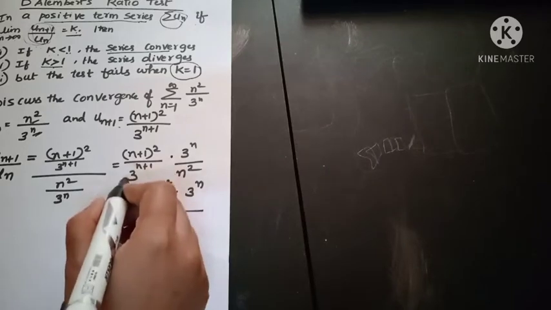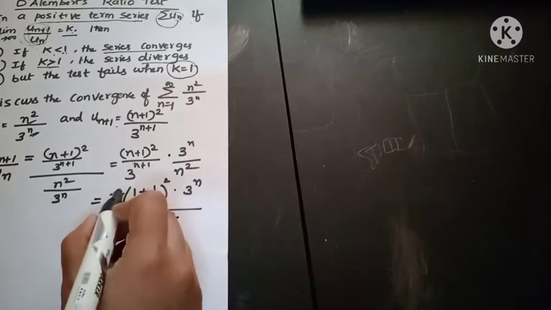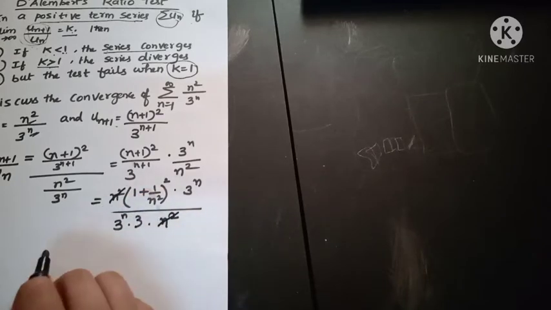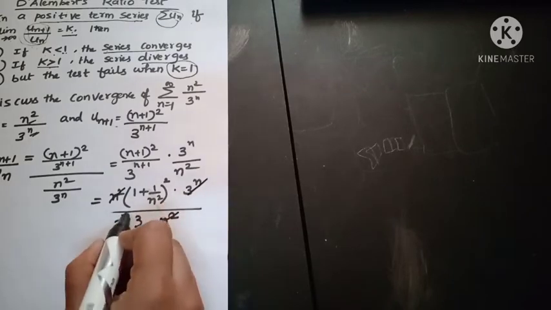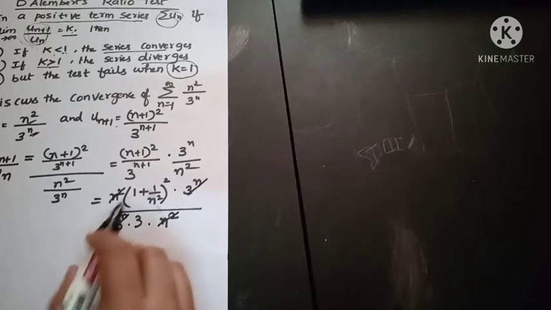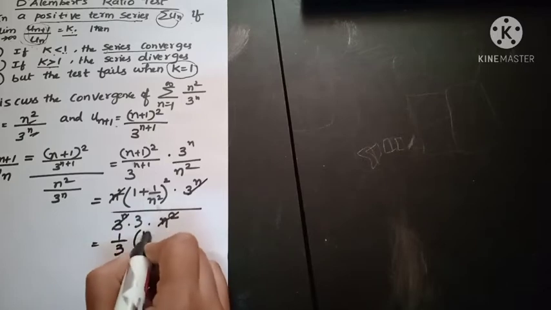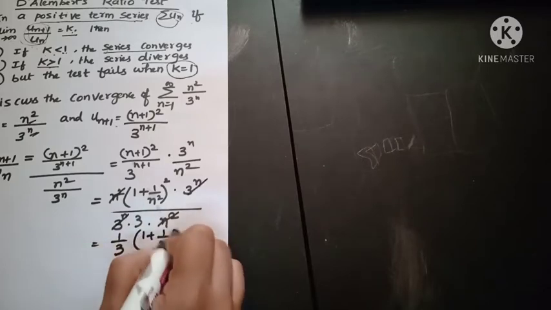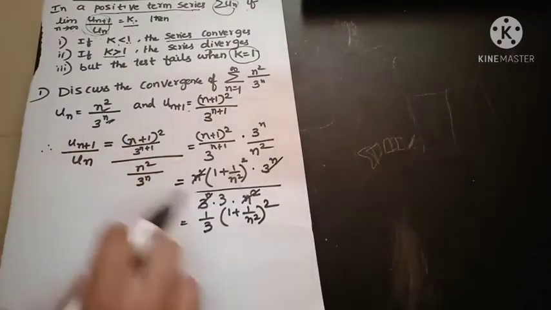The denominator n square cancels with the numerator n square. Here also the numerator 3 to the power of n cancels with the denominator. We are left with 1 over 3 times (1 plus 1 by n) whole square. So the ratio is this one.